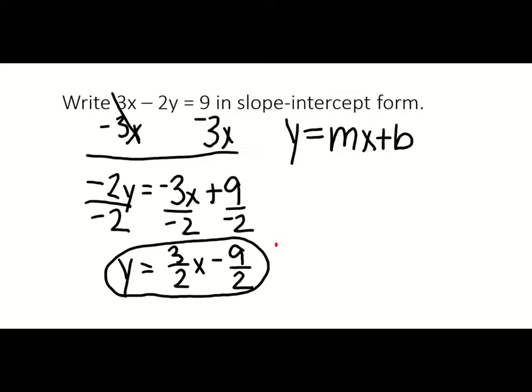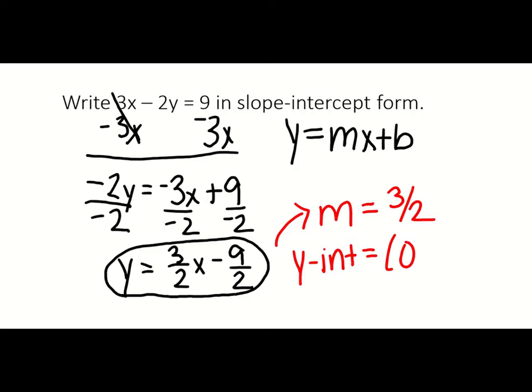So this tells us, just to tie back in the first two sections, that the slope would be 3/2 because that's the number in front of x, and that the y-intercept is at the point 0, negative 9/2.